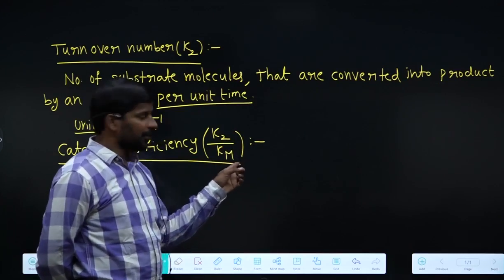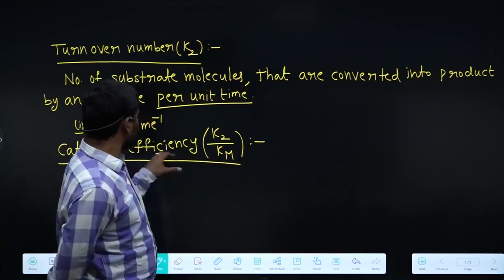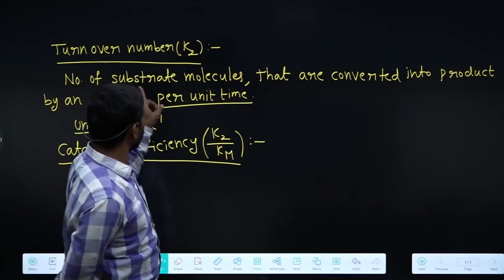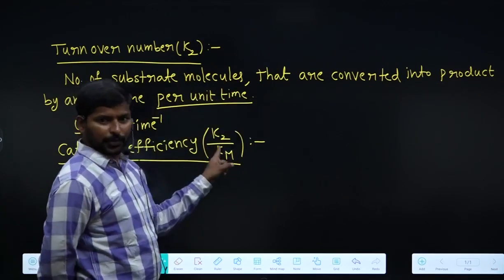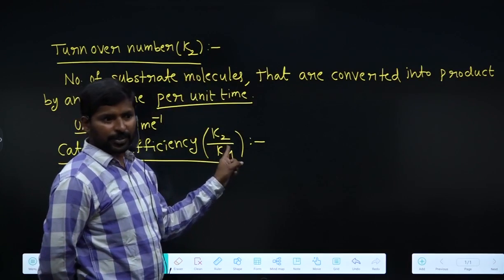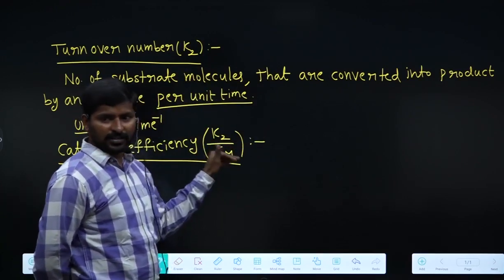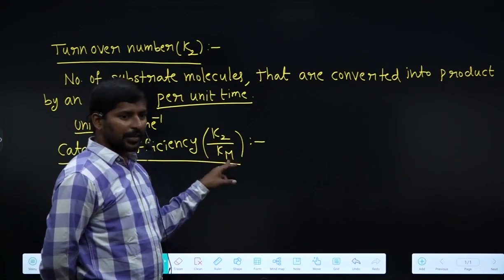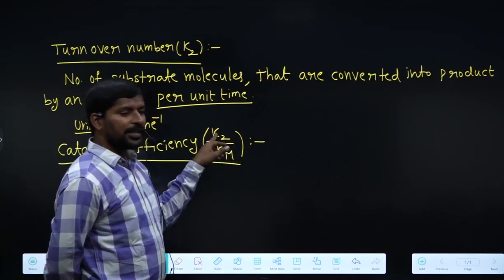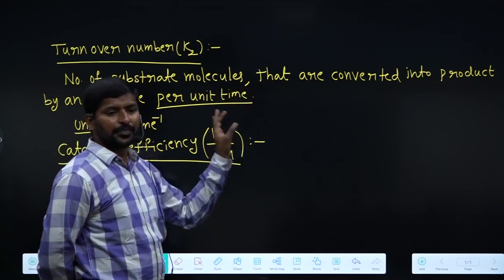K2 indicates how many substrate molecules are converted to product, and Km indicates a given concentration of substrate. So for a given concentration of substrate, how many substrate molecules are converted to product?